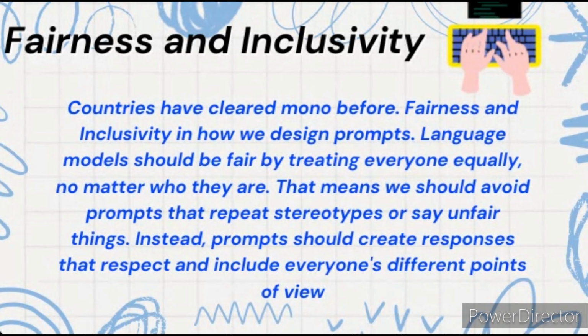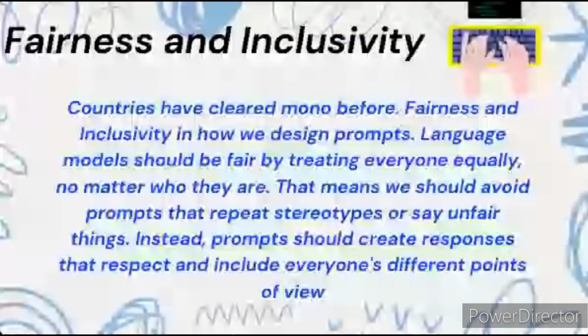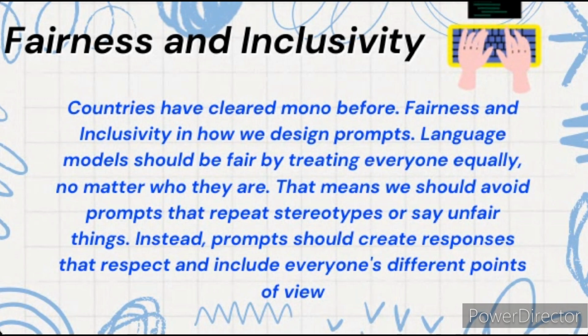Instead, our prompts should create responses that respect and include everyone's different points of view. By focusing on fairness and inclusivity when creating prompts, we help AI-generated content better reflect and honor the many different human experiences. This not only improves the quality of what the AI produces, but also makes AI development and use more welcoming and inclusive.